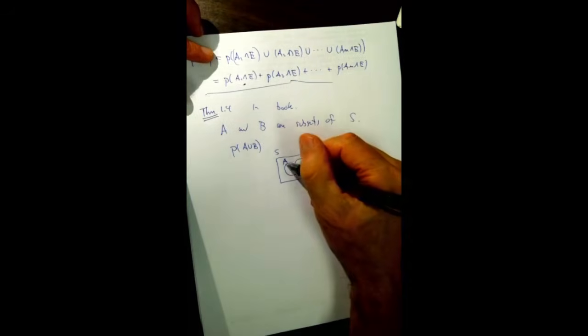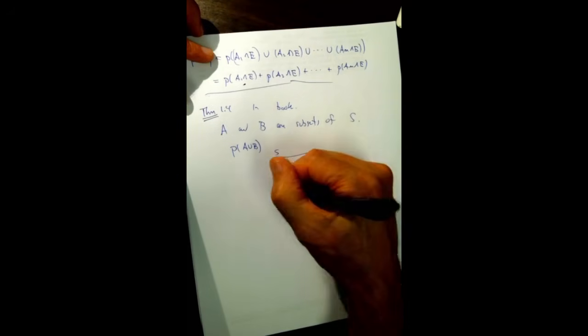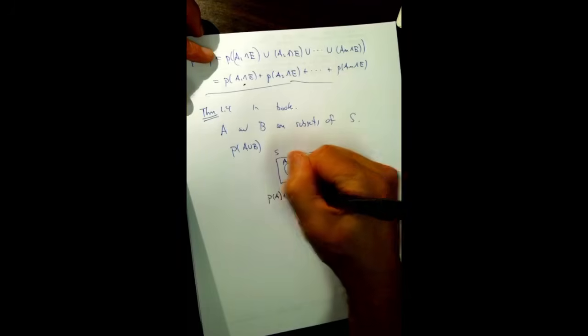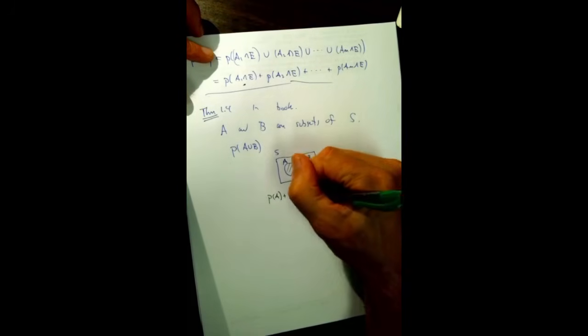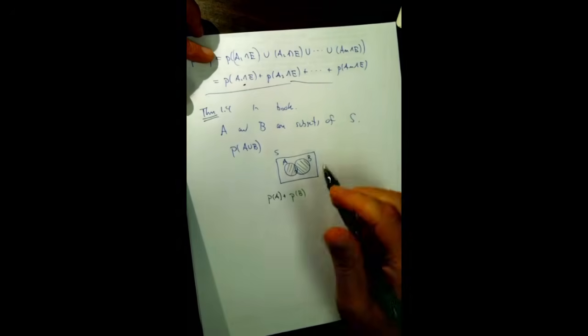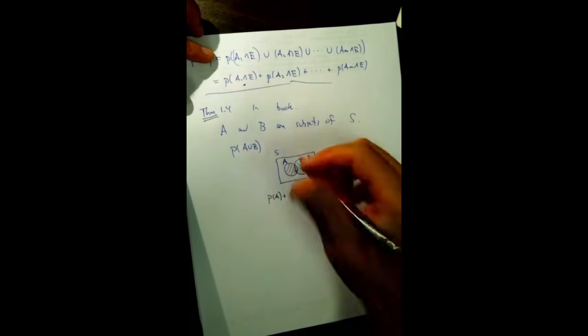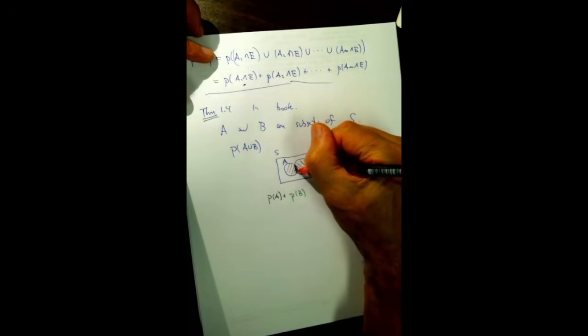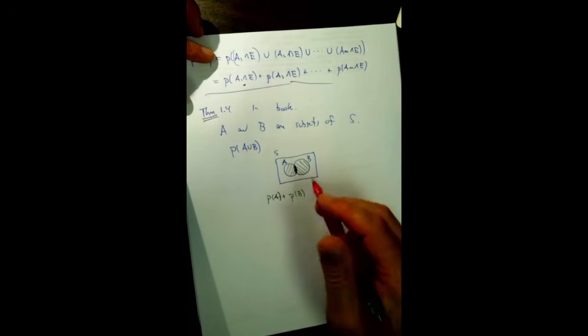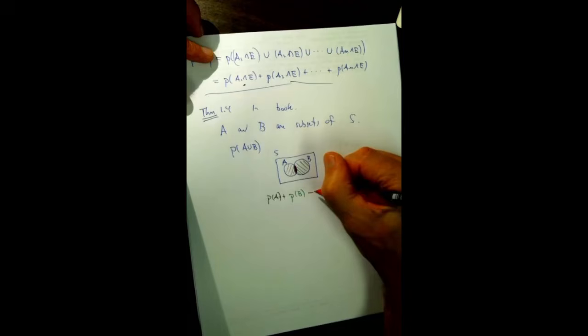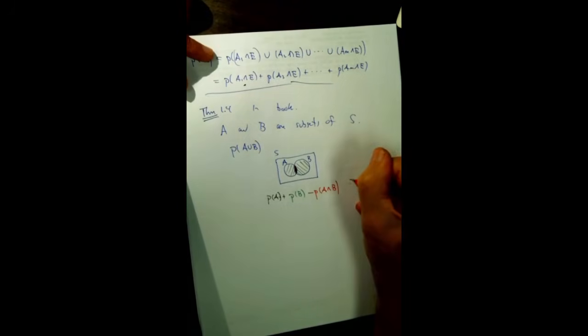Well, if I look at that, that's going to be the probability of A. If I look at this, that's going to be the probability of B. But notice, I added that up twice. That goes in probability of A, and that goes in probability of B. So I should probably subtract off the extra piece.